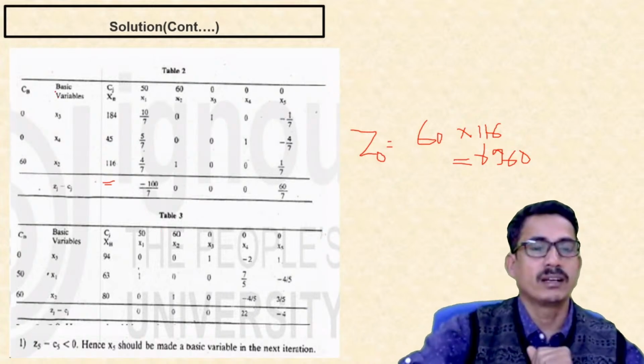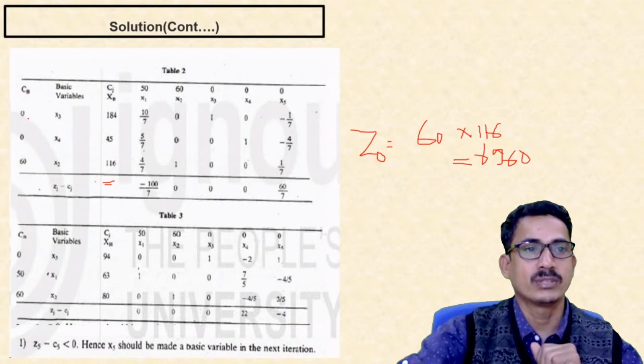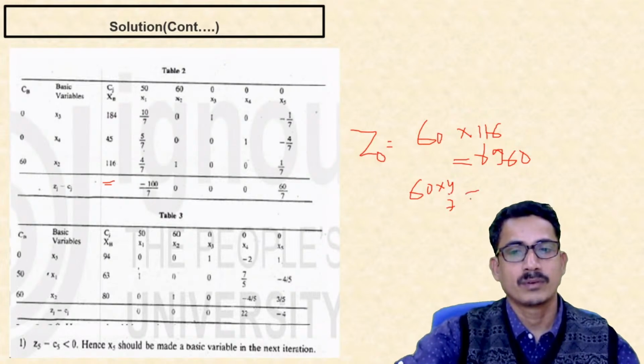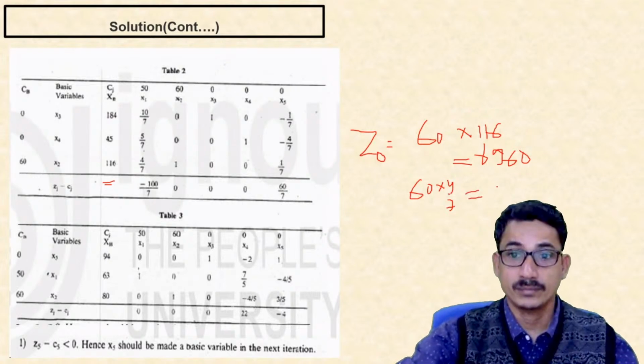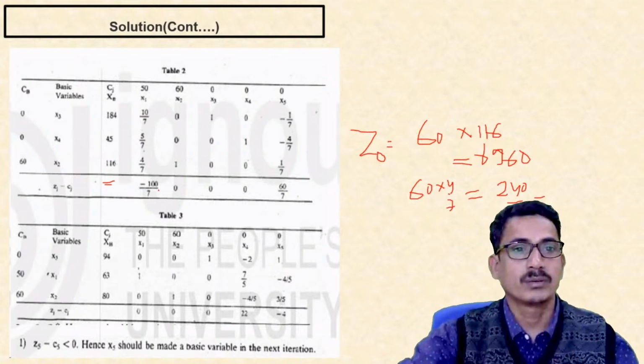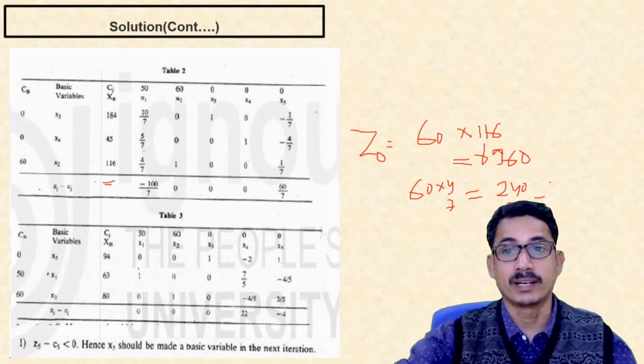Now, how to get Z1 minus C1? I told you, first find out Z1. How to get it? CB into X1. The 0 into this 0, 0 into this 0, plus 60 into 4 by 7. Whatever comes, 240 by 7 minus the X1 coefficient C1, which is 50, has to be subtracted, minus 50.